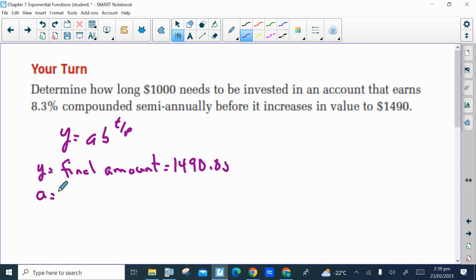A is the initial amount, the amount starting with, which is $1,000.